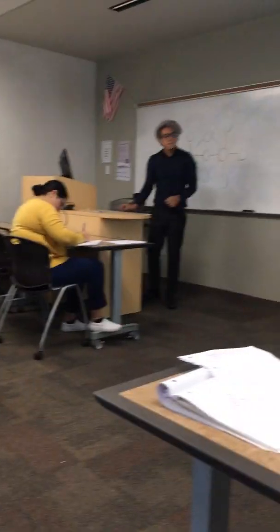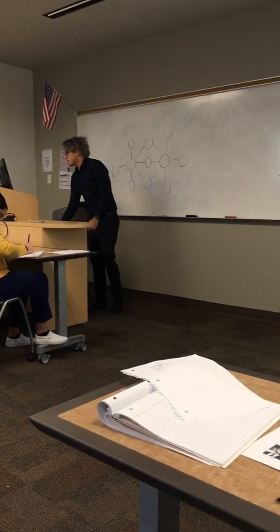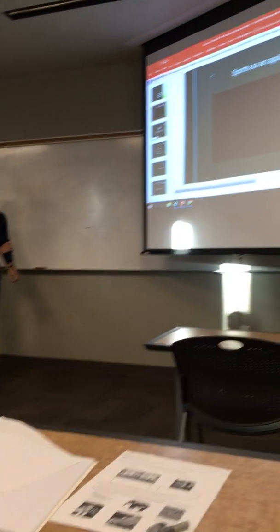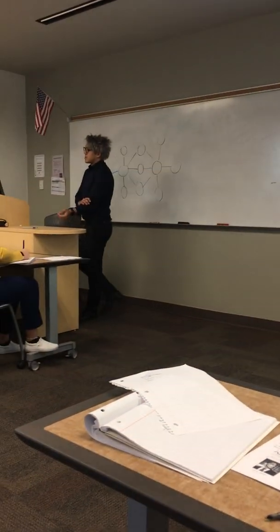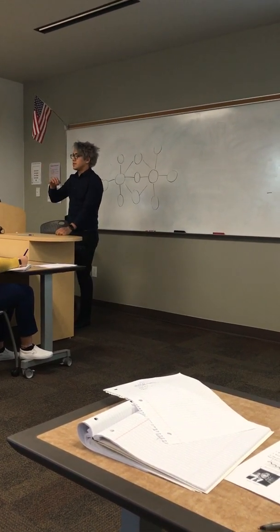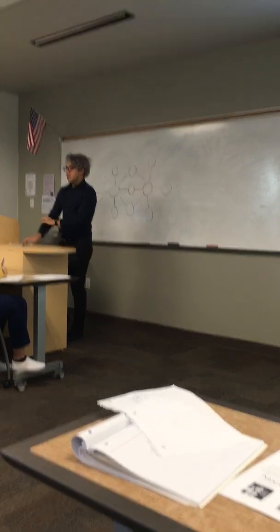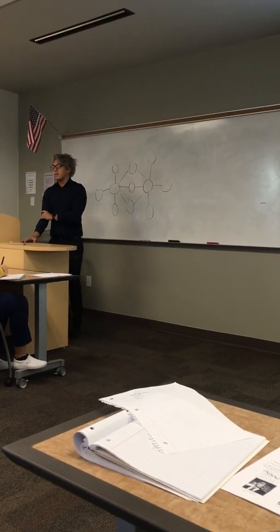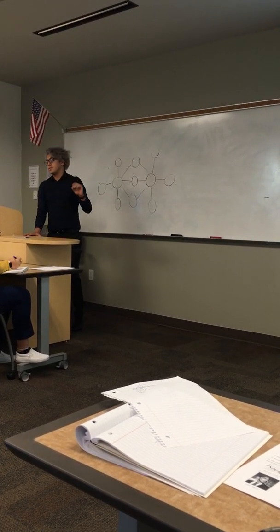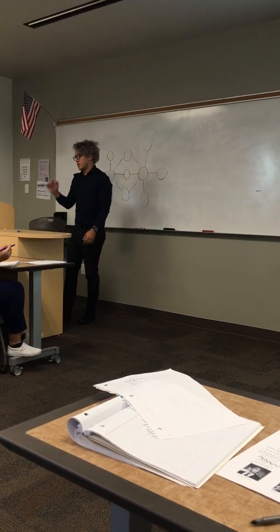Yes, so actually we're gonna get into the definition of a zero, but basically a zero is when a graph or a function crosses the x-axis. And we call it zero because the value for y is 0, because it's on top of the x-axis.